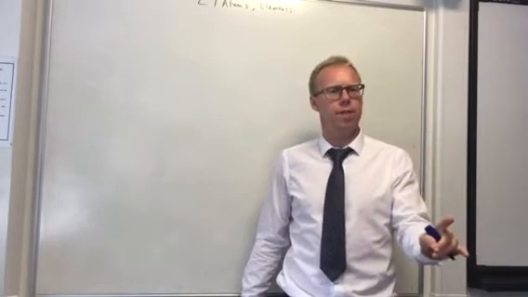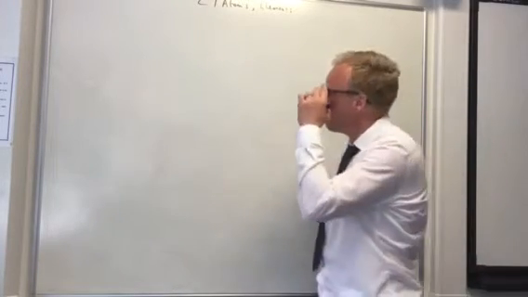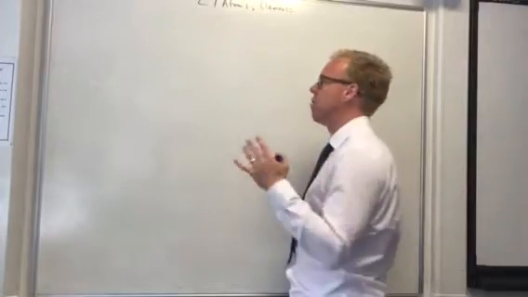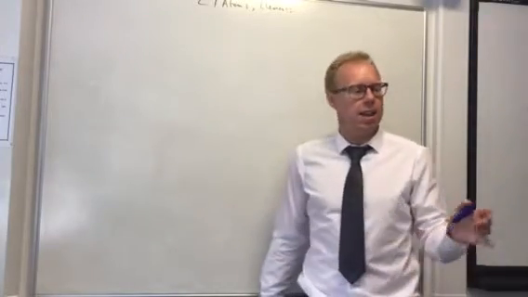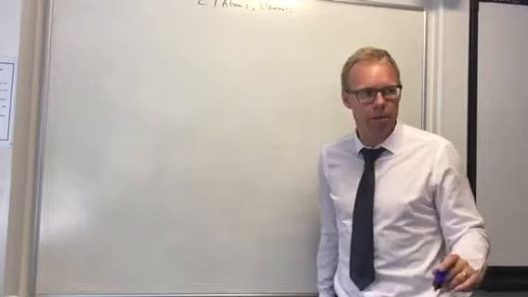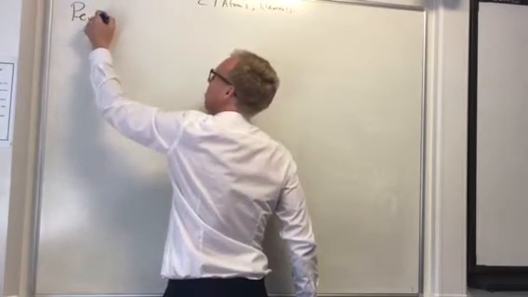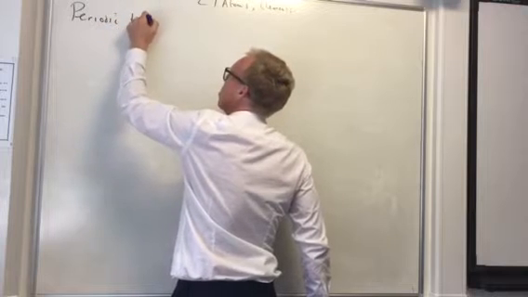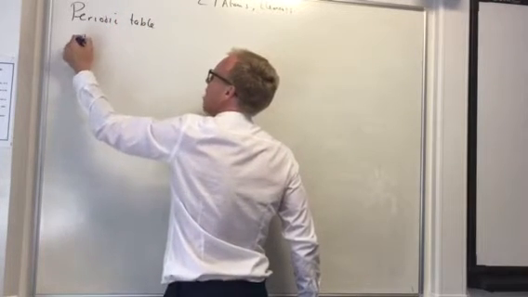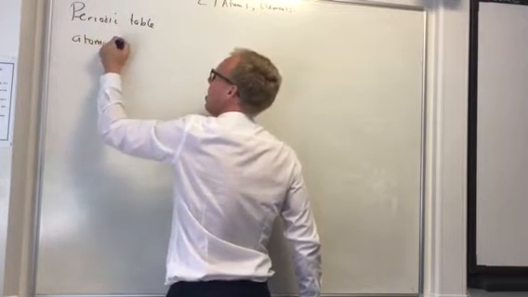Are we aware of this so far? Okay. Now the periodic table is arranged by the atomic number. So first of all, we have the periodic table, and it is arranged by the atomic number.